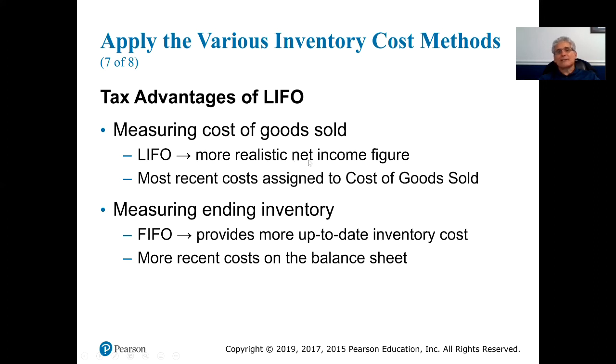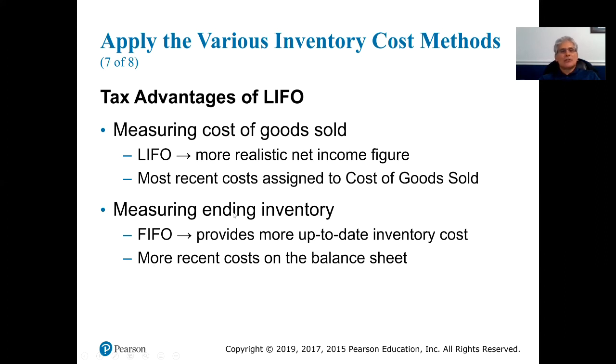LIFO gives a more realistic net income figure, with the most recent costs assigned to the cost of goods sold under the LIFO method. And measuring the ending inventory using FIFO provides more up-to-date inventory costs, with the most recent costs on the balance sheet.